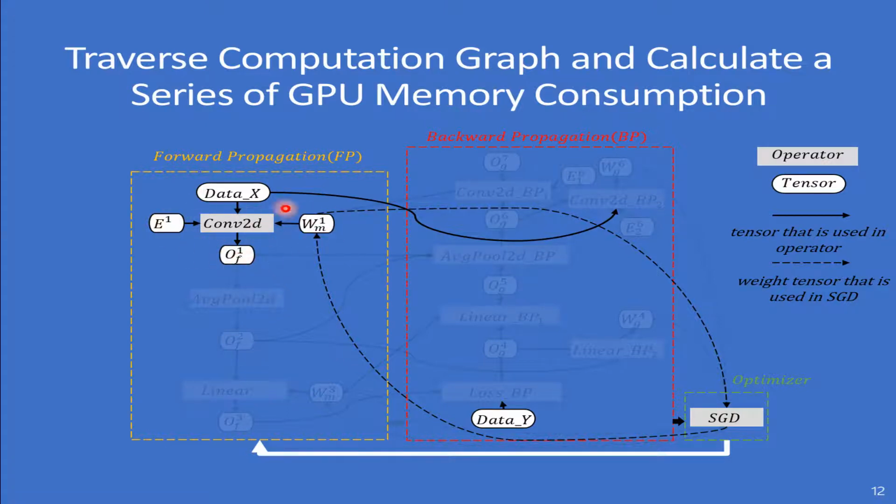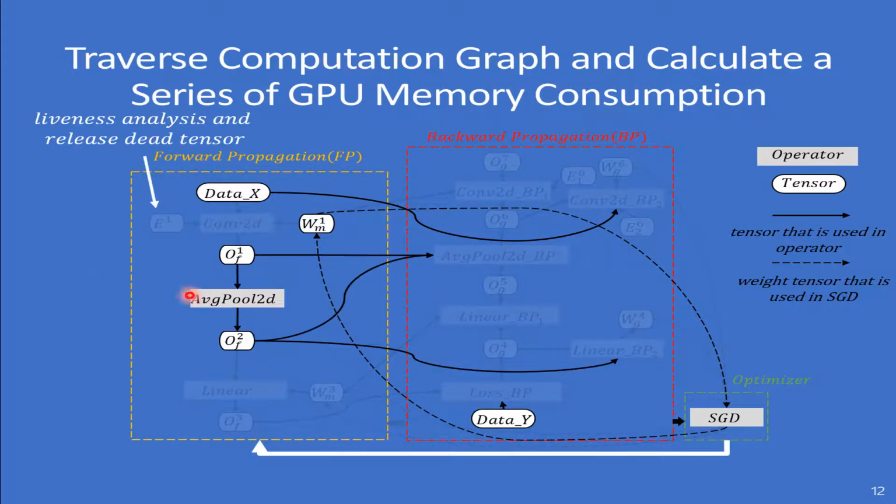It will allocate 3 tensors, and then it will release tensors that will not be used in the future. For example, when you execute AvgPool2D, the temporary tensor's liveness analysis shows it is dead, and then the dead tensor is released. Other operators have the same allocation and deallocation policies.